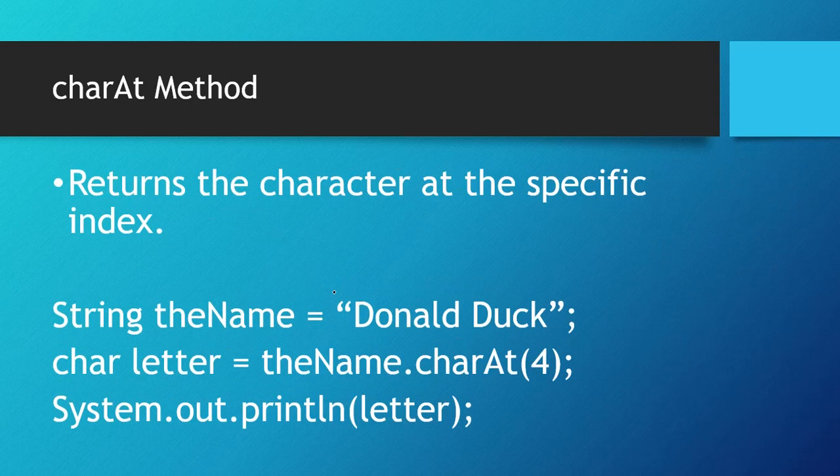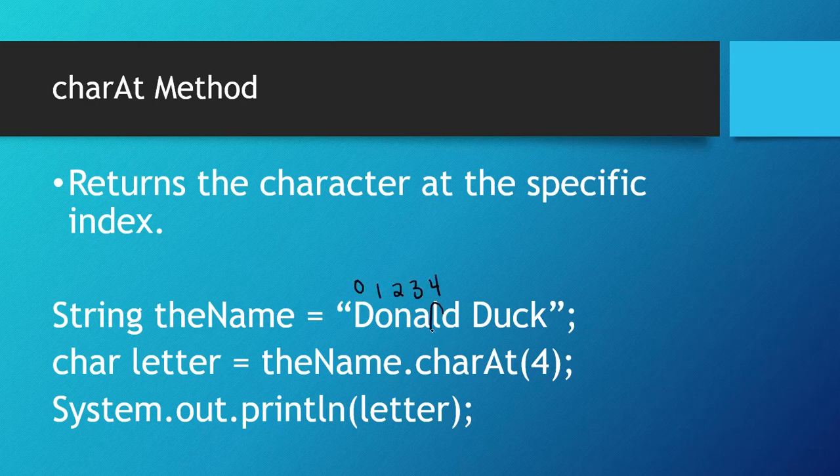Another one that's useful is charAt. This returns the character at a very specific index you asked for. So again, I've got String name = "Donald Duck", char letter = name.charAt(4). I want to know what's the char in the name at index 4. So again, I'm going to go 0, 1, 2, 3, 4.